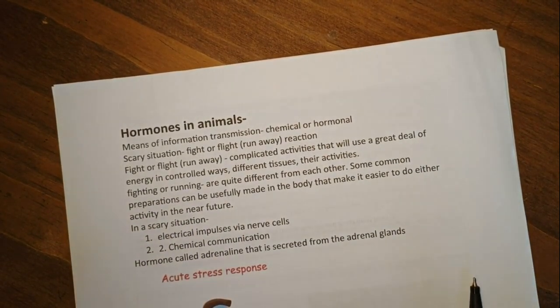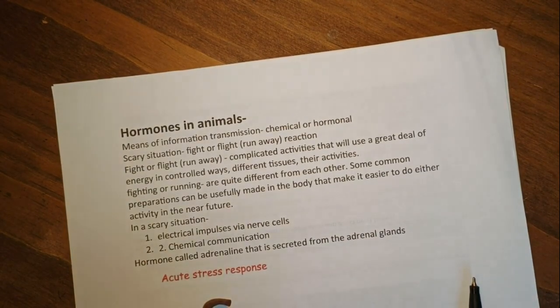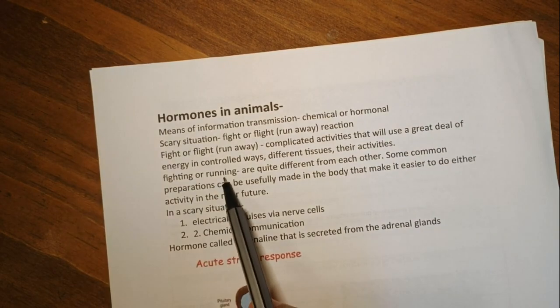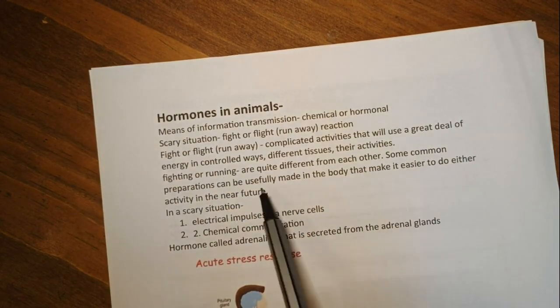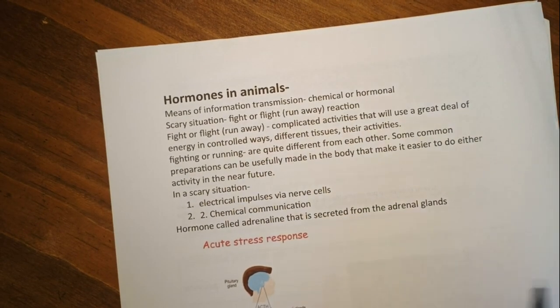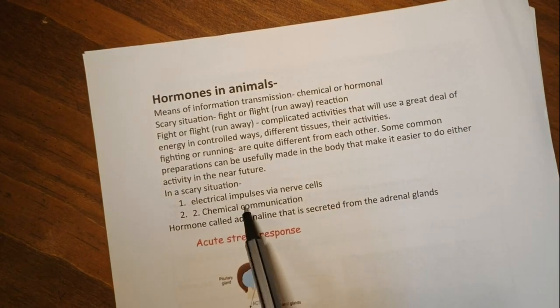So the body can keep itself ready to do either fighting or running away, and there is some common preparation that can be done by the body in a scary situation.